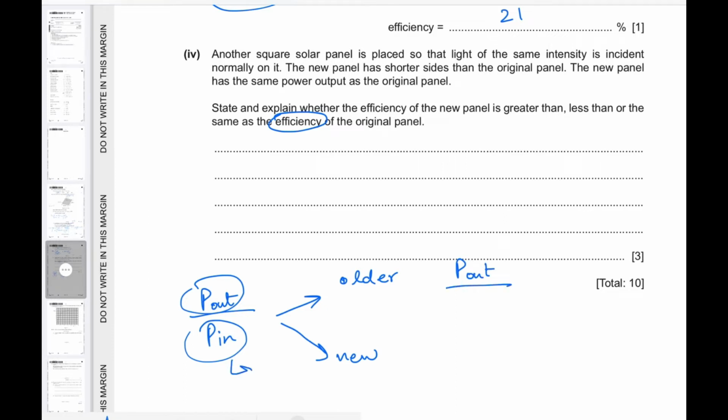Whereas power in depends on the surface area which is available to receive the energy or the power of the light incident on it. If the size of the older panel is larger, that means that larger surface area is able to receive more power. Therefore, the input power for the older one is going to be greater. So power input for the older will be greater than the power input for the newer one.